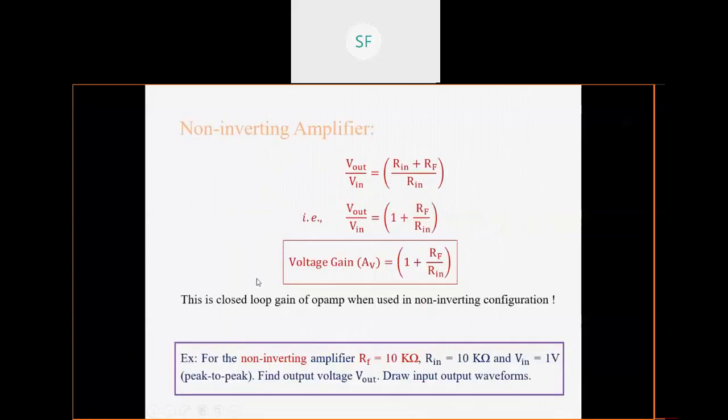This is the voltage gain of the non-inverting amplifier. We have derived this formula. Suppose we have to put in the value of RF. There is no RF given, so RF is equal to 0. Then what will be the value of the voltage gain? Anyone?